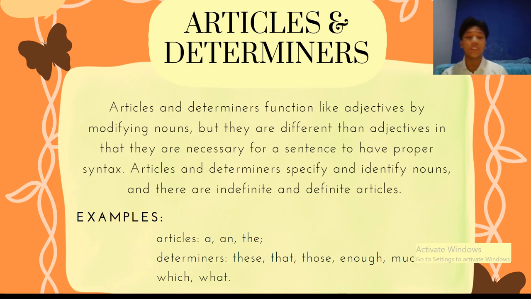Articles and determiners specify and identify nouns, and there are indefinite and definite articles. Right, we have the examples such as articles a, an, and the. For example, you can say a boy, or an apple, or even the boy, or the apple.